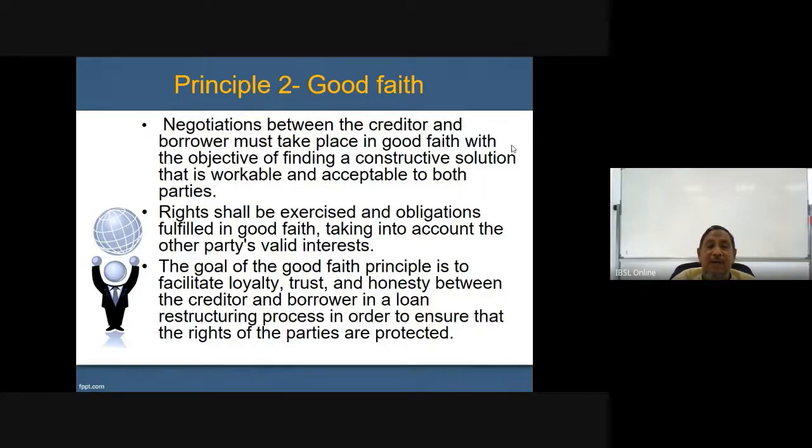Now this is applicable to the customer as well as to the bank. The goal of the good faith principle is to facilitate loyalty, trust, and honesty between the creditor and the borrower in a loan restructuring process in order to ensure the rights of the parties are protected.